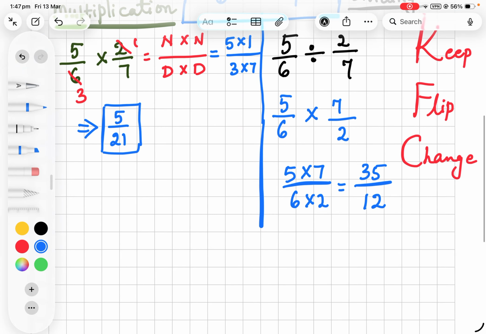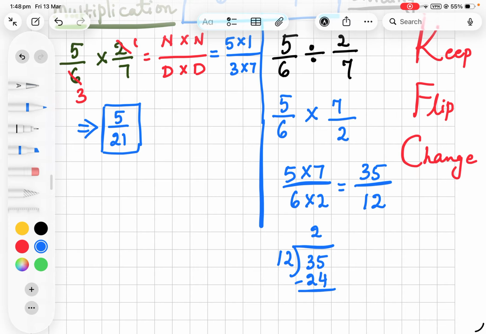Again, this one easily can be converted into a mixed fraction. But if you got this step so far, good to go. In the next video, I'm going to work with mixed numerals. But technically you're just doing 35 divided by 12. I'll quickly show you. 12 times 3 is 36, but you cannot use a higher number. So you have to do 12 times 2, which is 24.